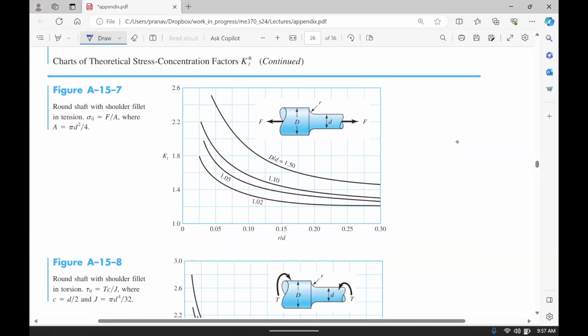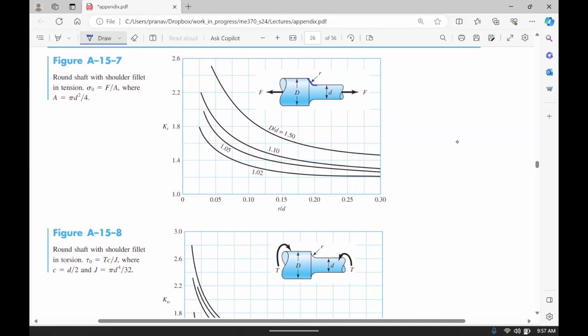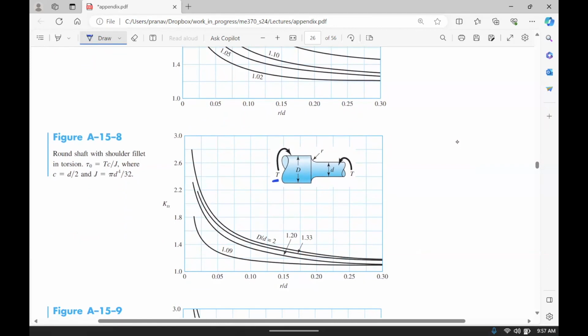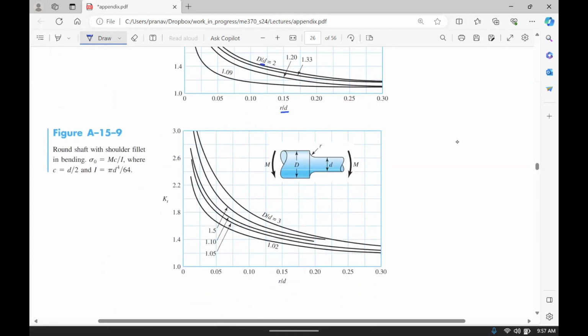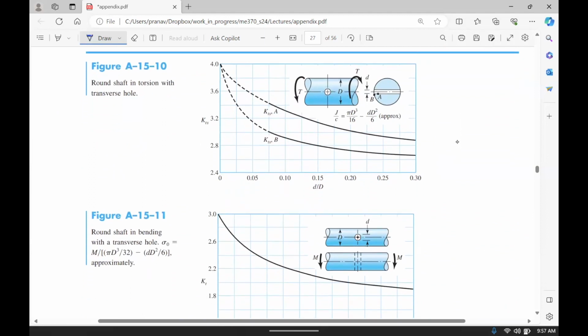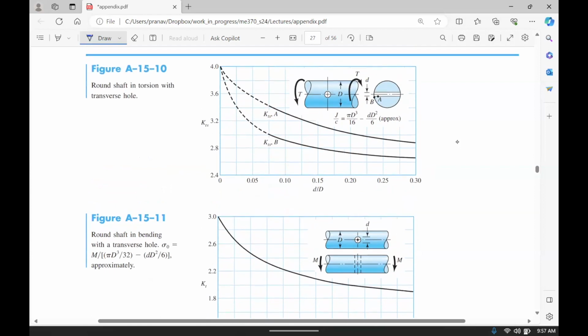Then you have a circular shaft, but with a fillet, and again we have KT for that. Now comes torsion, so that will be KTS. Again, it depends on R divided by D and capital D divided by small d. A circular shaft with a hole as shown due to torque.